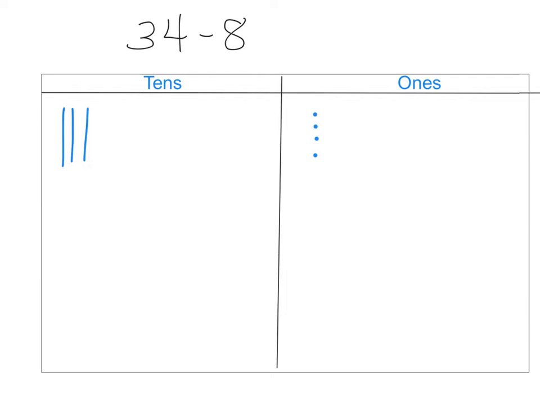But now we have to minus 8. As you know, there are not enough ones to take away 8. So what we would do is regroup. Take that 10 and instead regroup it into 10 ones.